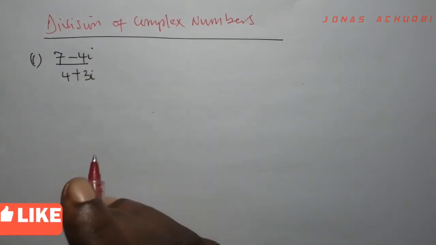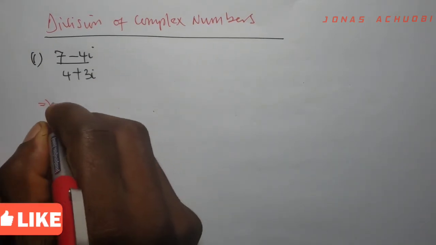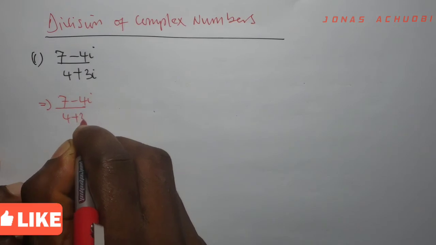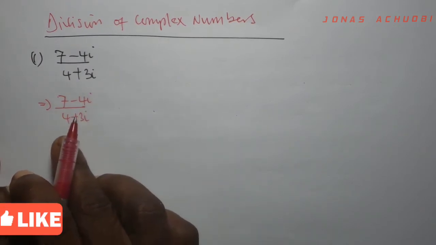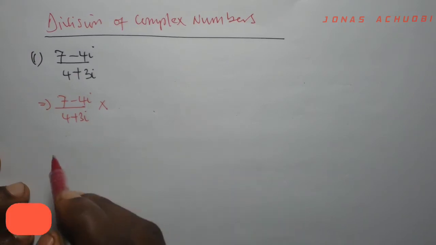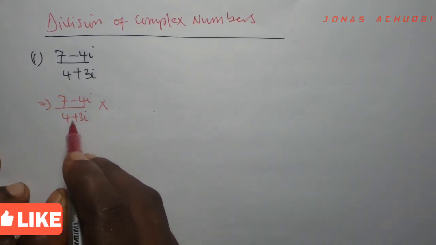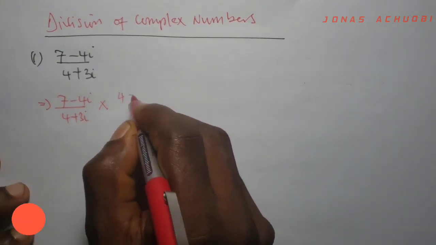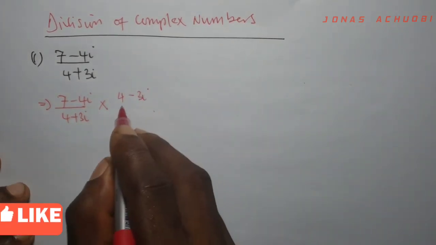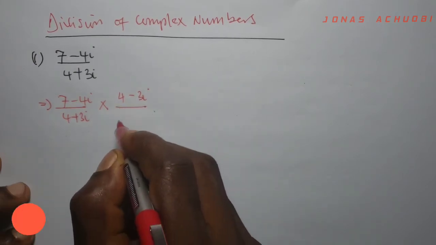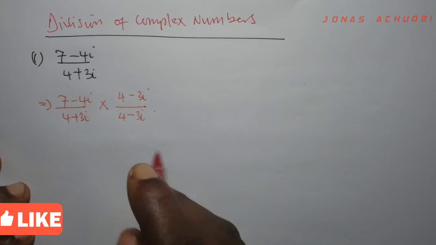Very simple. Let's see. This is equal to 7 minus 4i over 4 plus 3i. That's the fraction given to us. We now multiply the numerator by the complex conjugate of the denominator. What's the conjugate of 4 plus 3i? You know already. It's 4 minus 3i. So we multiply the numerator by 4 minus 3i and multiply the denominator also by 4 minus 3i.